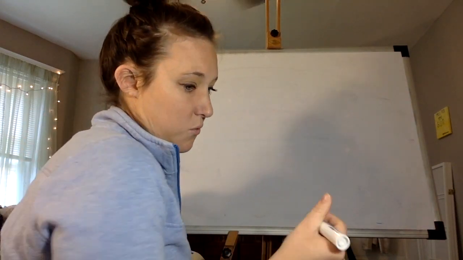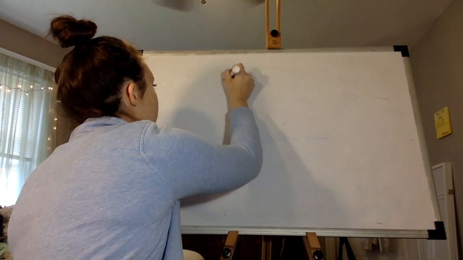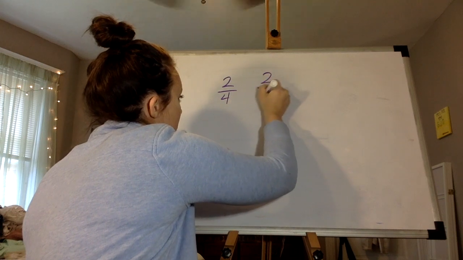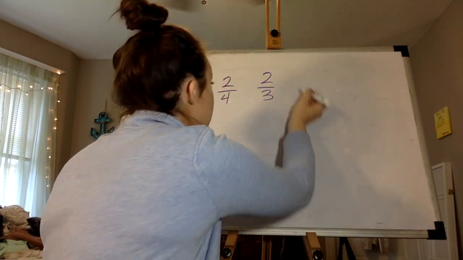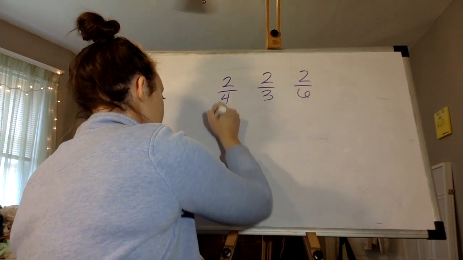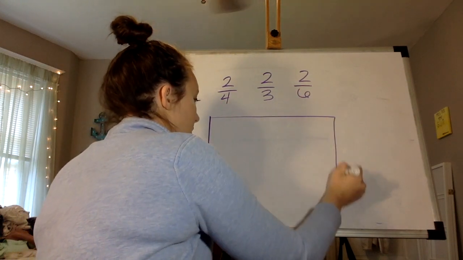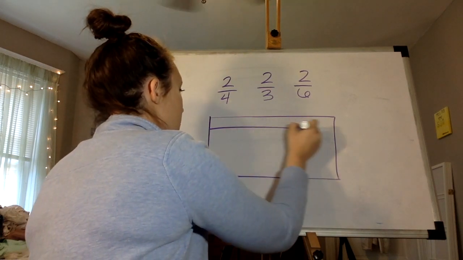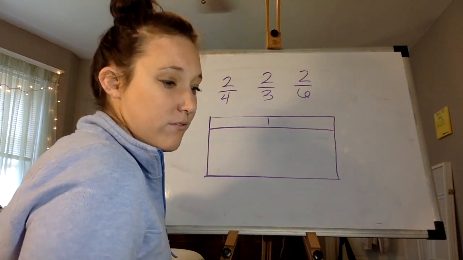All right, so we need 2/4, 2/3, and 2/6, and we are comparing those. All right, let me draw my fraction strips. So at the tippy top, I've got 1 whole, okay?